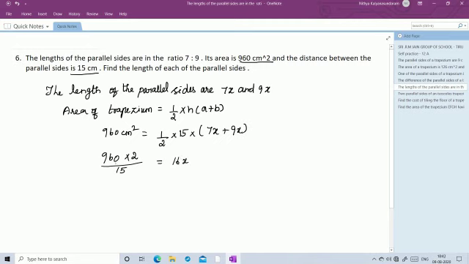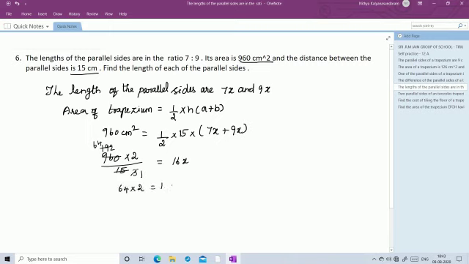So 3 table we can cancel, 5 table also we can cancel. 3 fives are 15, 9 fives are 45, and so on, we can cancel again in 3 table. 3 fours are 12. So 64 into 2.